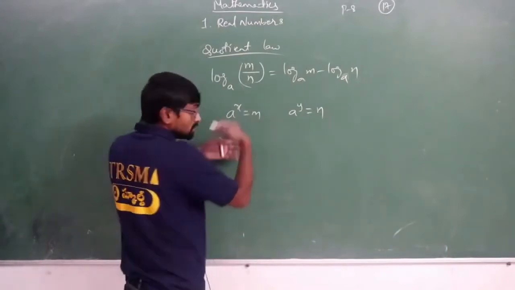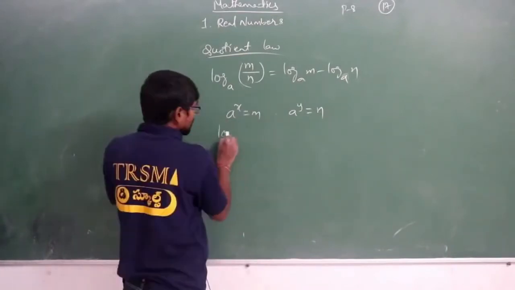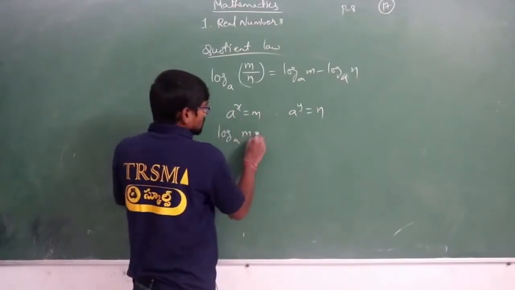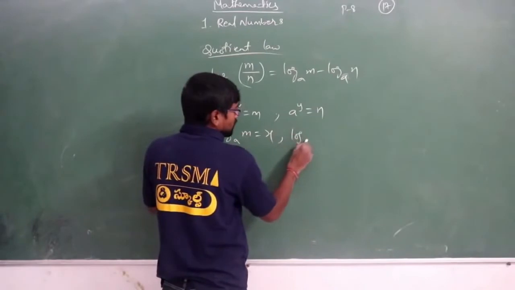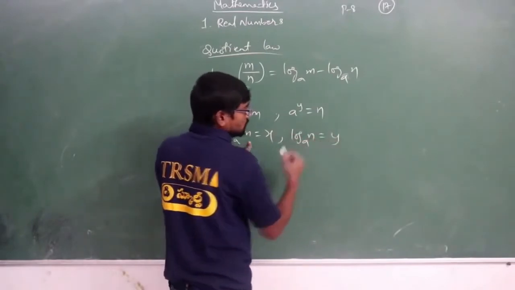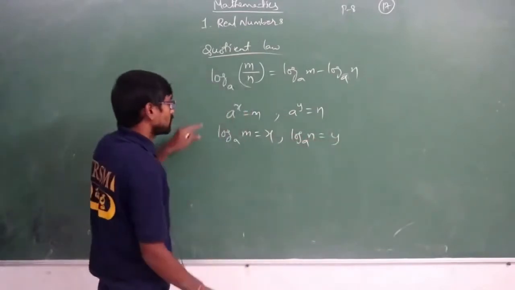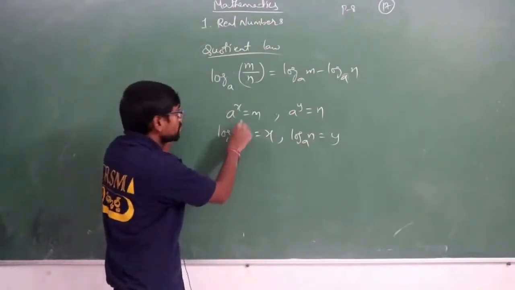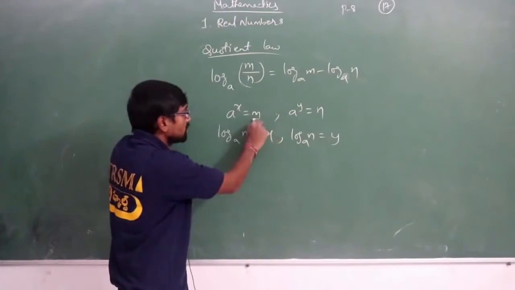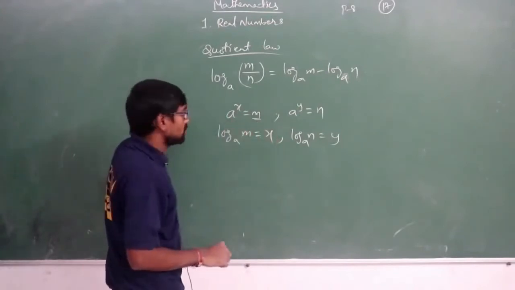Now if I convert this into logarithmic form, what will I get? Log base a m is equal to x. Similarly, log base a n is equal to y, isn't it? The exponential is converted into logarithmic form.